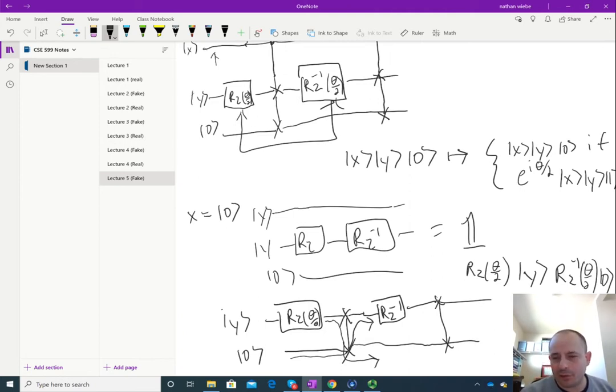If we end up getting a case where y equals 0, then just from looking up what RZ is, this ends up yielding e to the I theta over 2 minus 0, e to the I theta over 2, 0, using the fact that RZ inverse equals RZ dagger equals RZ of minus theta over 2.